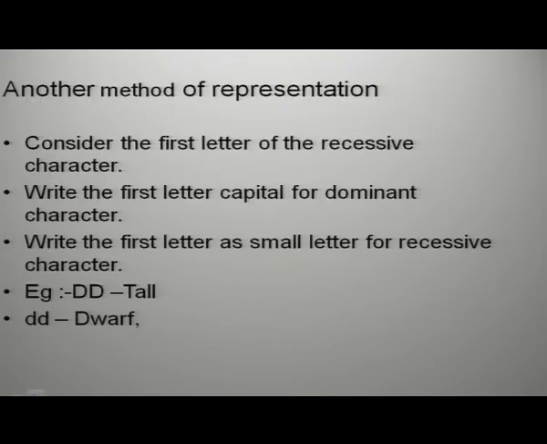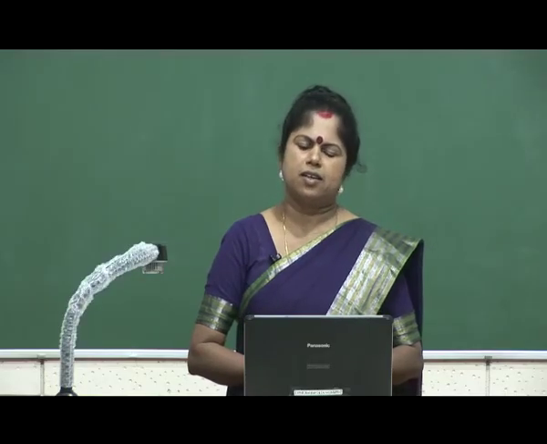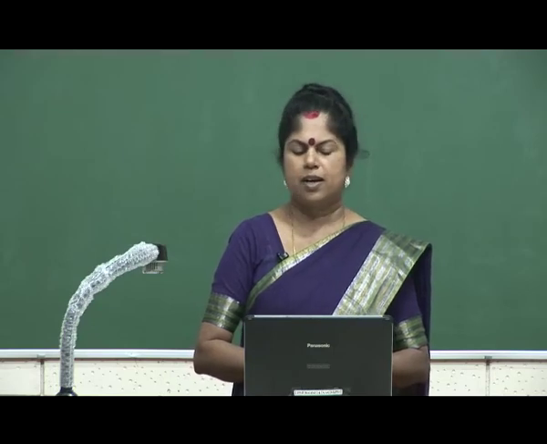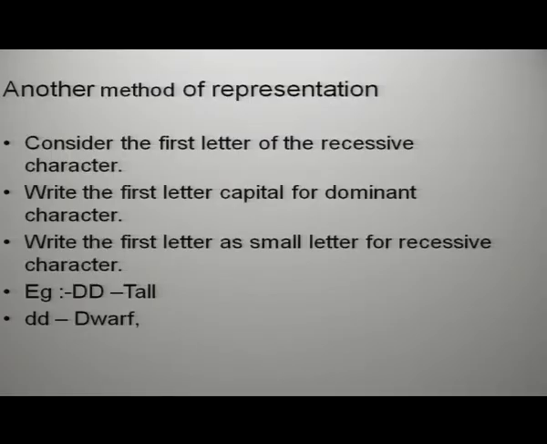There is yet another method of representation, where we select the recessive character, and the first letter of that recessive character is selected. It can be written as capital for the dominant character, and if it is written as small letter, then it forms the recessive character. Here you can see the condition.